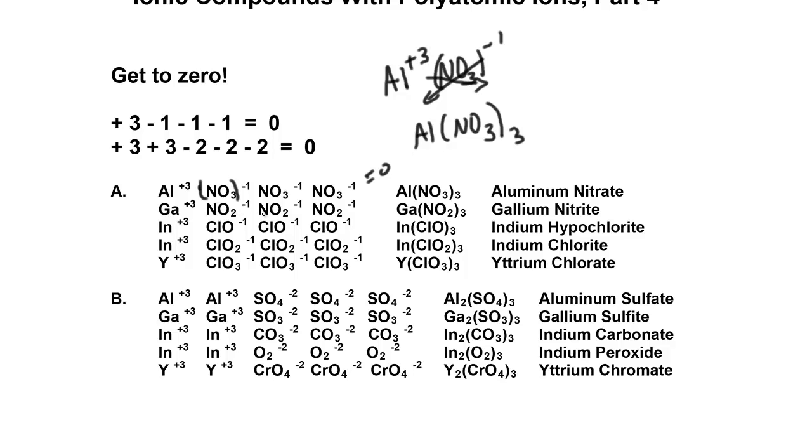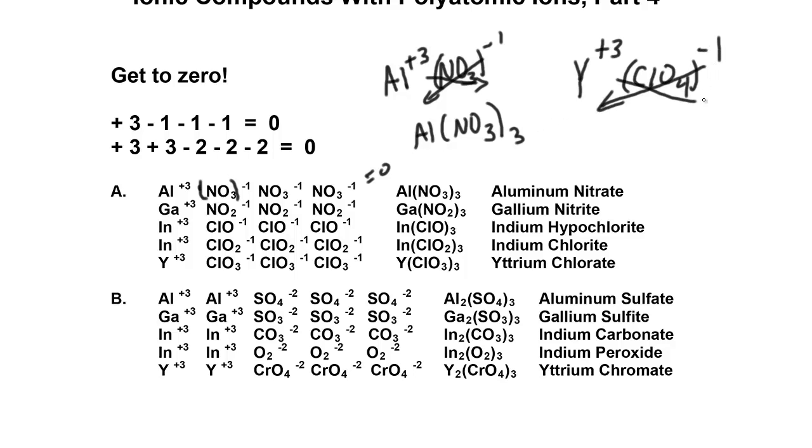So nitrite, I need 3 of those to mix with gallium: gallium nitrite, indium hypochlorite, indium chlorite, yttrium chlorate. So what would be the formula for yttrium perchlorate? Yttrium is a +3, and remember ClO4 is perchlorate, and that is a -1 charge.